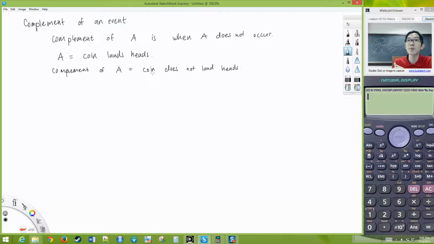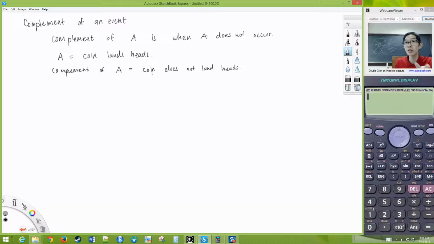Yes? And so there can be, not for this specific example, there's only two sides, but there can be more than one complement. No, there can only be one complement, okay? Either A happens, or it doesn't. There's no other possibility. And so either it lands heads or something else happened. Now we can simplify the world and say, well, if it doesn't land heads, then it must mean it lands tails.